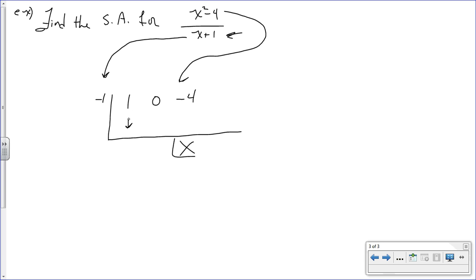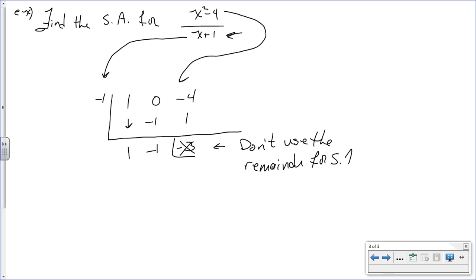Bring down the 1, so that's 1. Negative 1 times 1 is negative 1. 0 minus 1 is negative 1. Then 1, negative 3. But we're not going to worry about this because we don't use the remainder. Don't use the remainder for slant asymptotes; you will not need it.